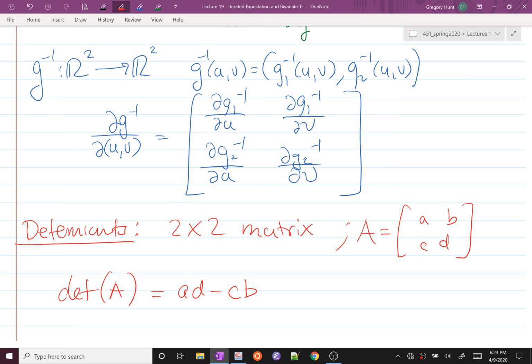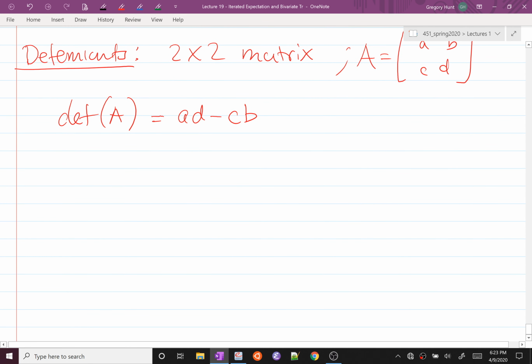So that's the theorem. Let's just write it out one more time.